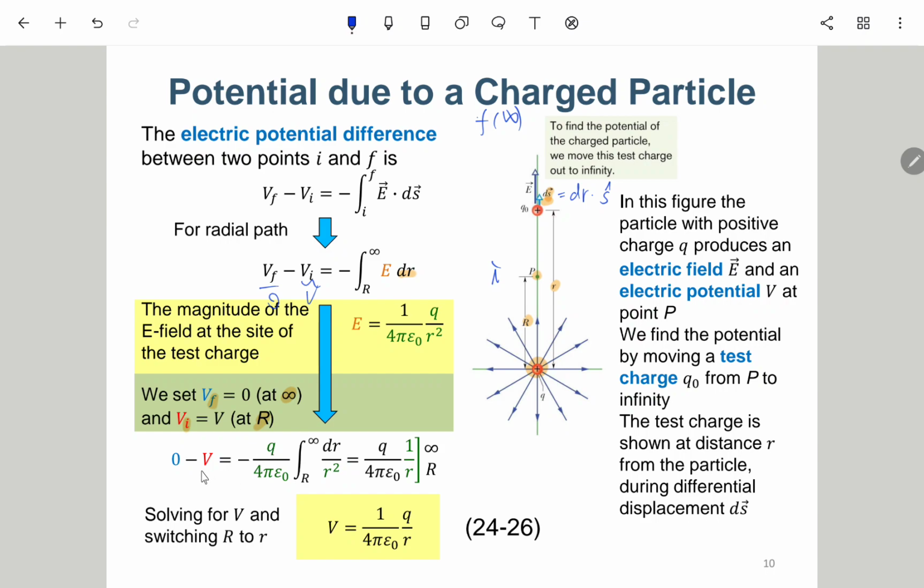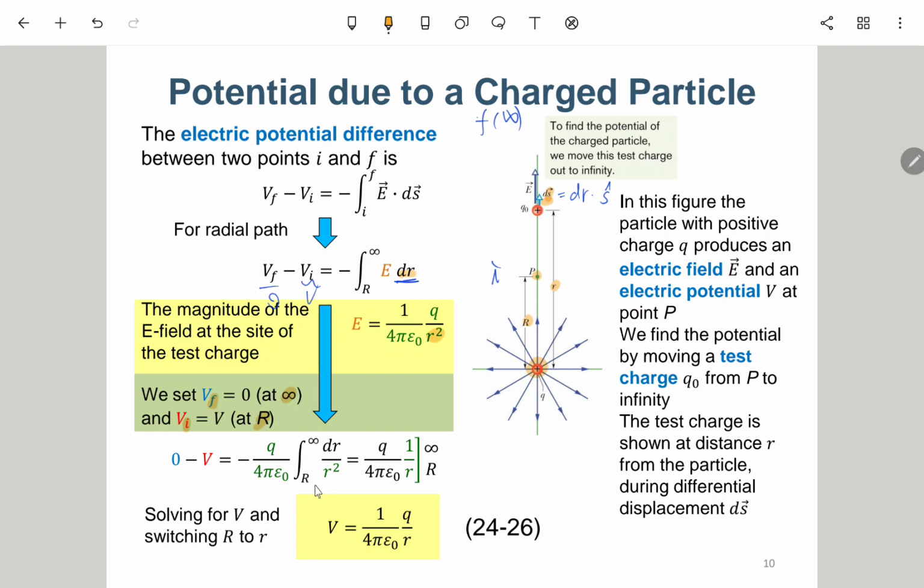So here we have 0 minus V equals negative the integral, and we plug this in. For this integration, only r squared remains inside, so we can put q over 4 pi epsilon naught outside the integral. We have negative q over 4 pi epsilon naught times the integral of dr over r squared, from capital R to infinitely far away.